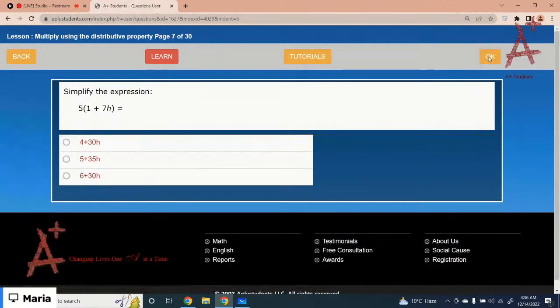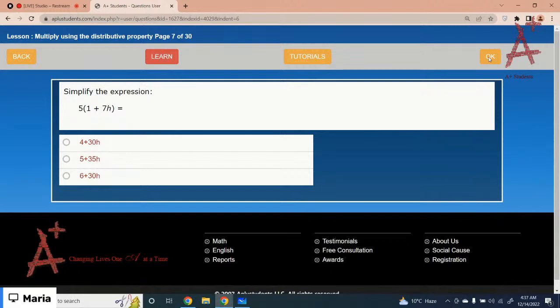Simplify the expression. Which of the options is the correct one? 5 times 1 plus 7h. So which of the options is the correct one? 5 times 1 is 5 and 5 times 7 is 35.